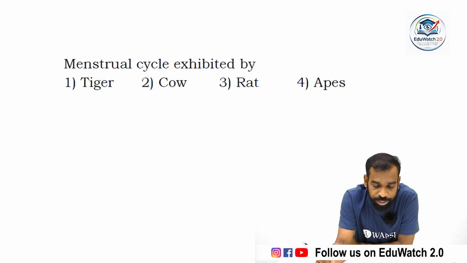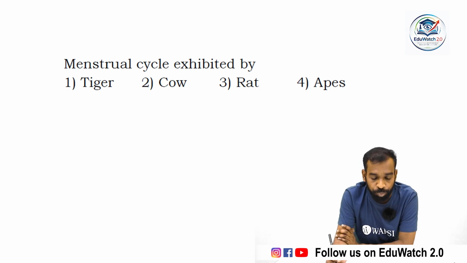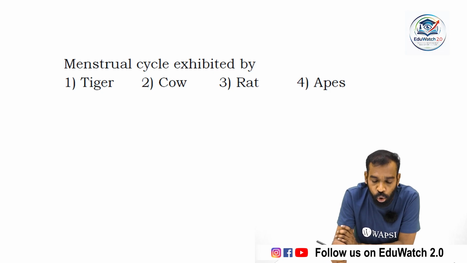Move to next question. Menstrual cycle is exhibited by option 1, tiger, option 2, cow, option 3, rat, option 4, ape. Female tiger, female cow, female rat, female ape.